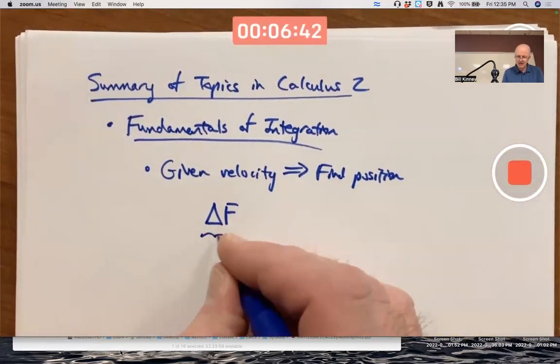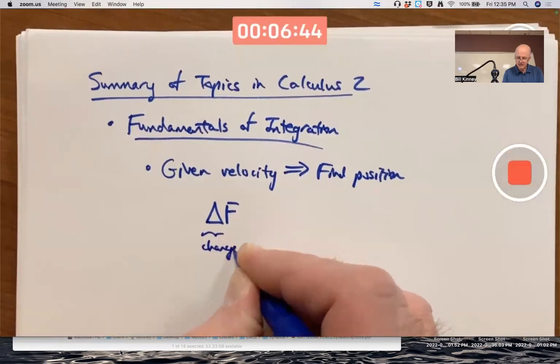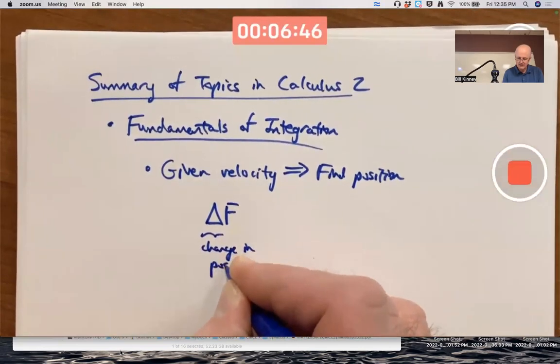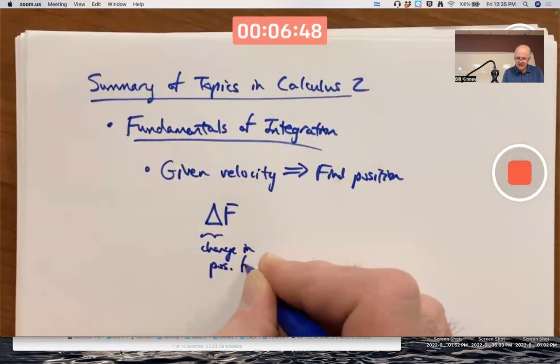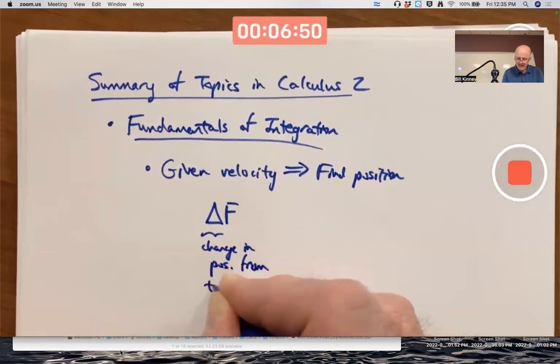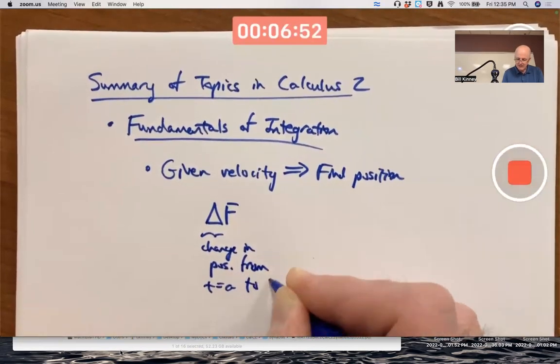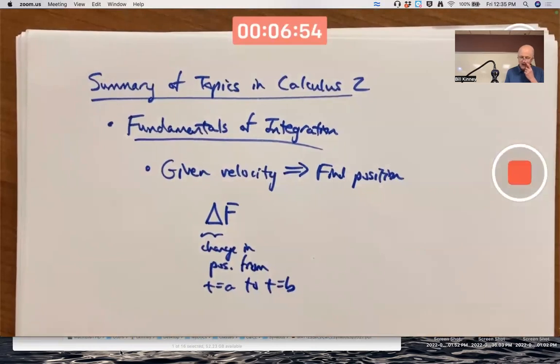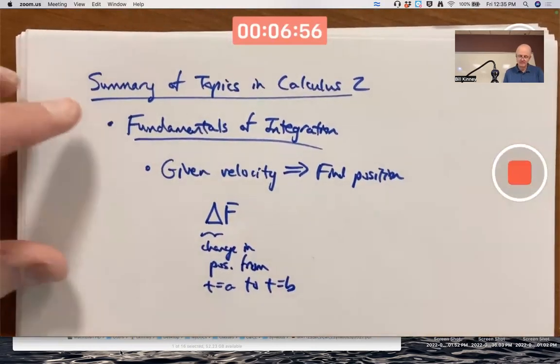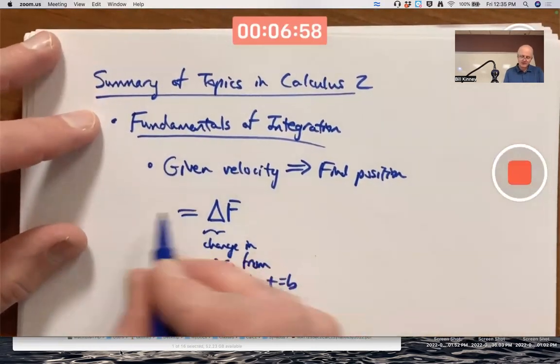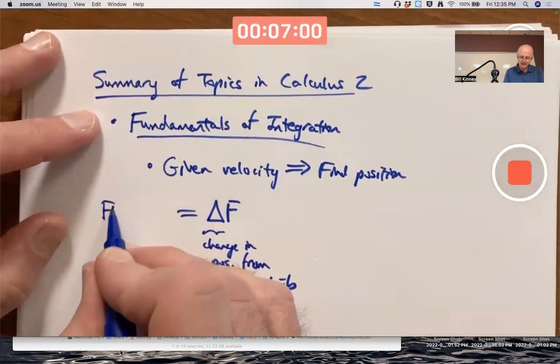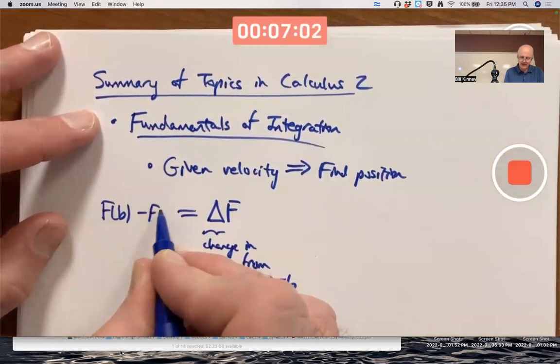That would be your change in position from, say, sometime t equals A to some other time t equals B, oftentimes A is 0. Of course, we could just represent that as a difference, capital F of B minus capital F of A.